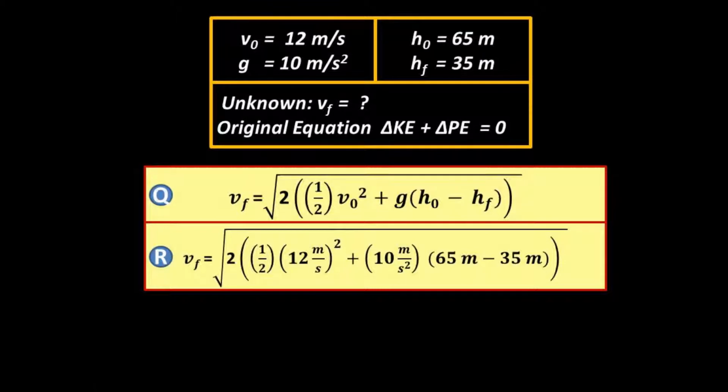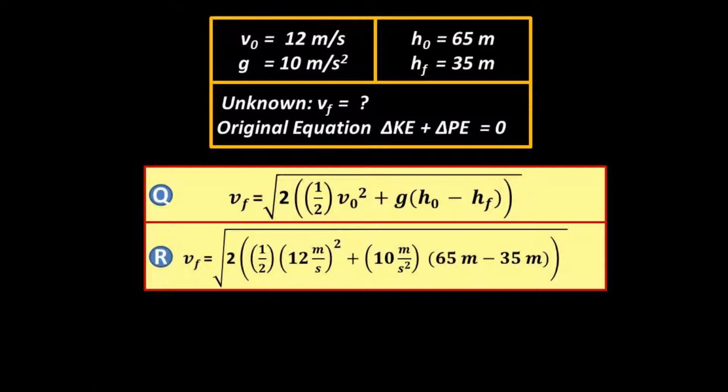I have identified the knowns and the unknowns. V naught is 12 meters per second. G, the acceleration due to gravity, is 10 meters per second squared. H naught is 65 meters. HF is 35 meters.